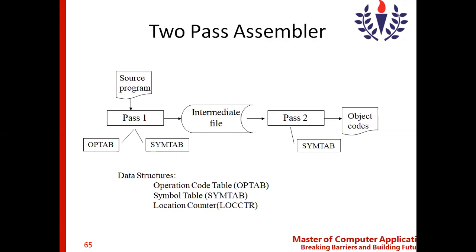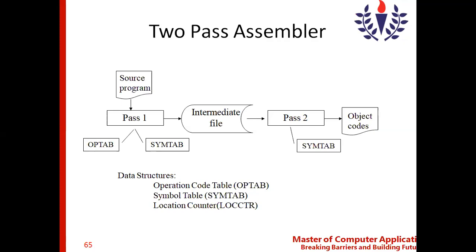The op table gives you the information regarding the opcodes we use in the program with the corresponding values. So this can be used in pass 2 again, whenever you want to convert the mnemonic into its machine equivalent.